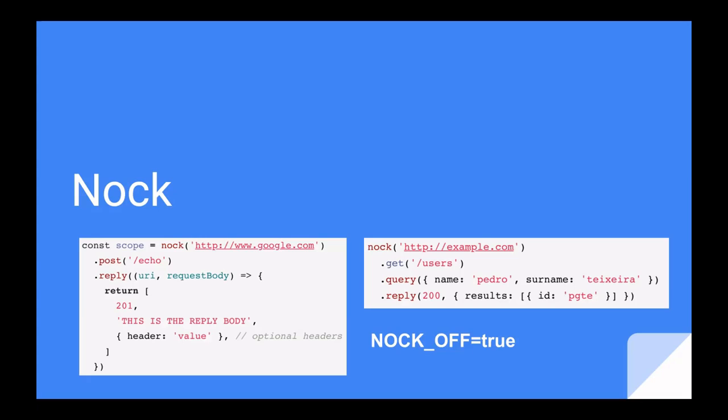On the right-hand side, we've got another example, which is a GET request that is super easy to set up. And then we reply, and this time we've got a JSON object which returns a list of results.